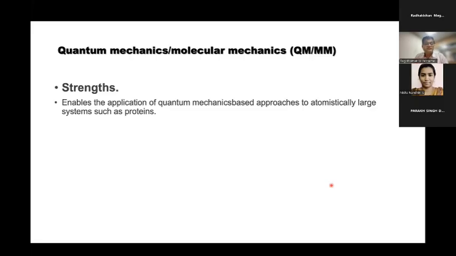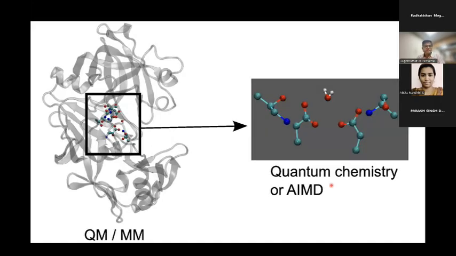What is the strength? You can use it to study large proteins because it overcomes the limitation of the QM method. But the limitation is it's also equally slow. But it is a much better way to study long-range effects of the protein on this particular set of atoms that we are studying.